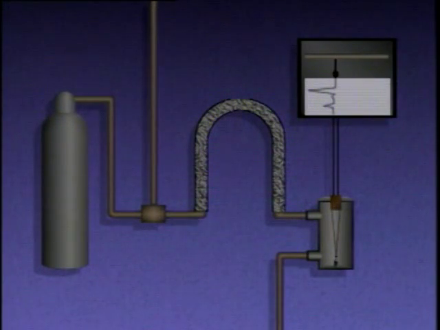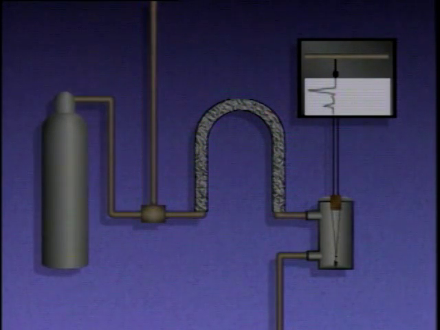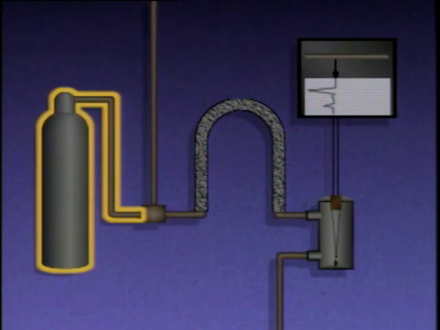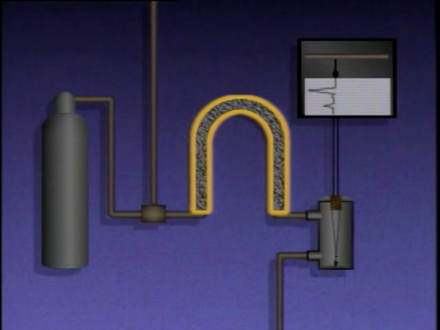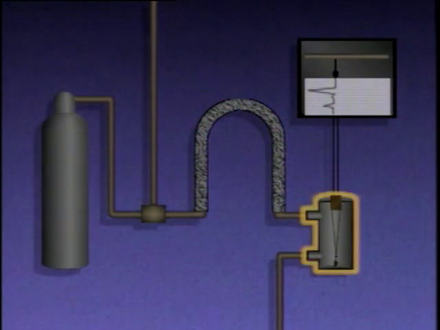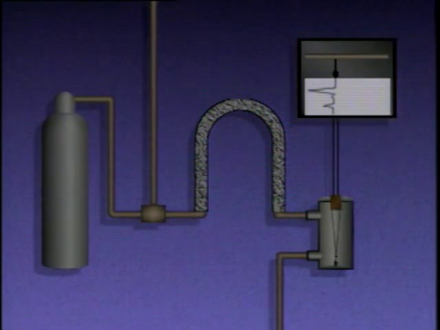The chromatograph in this simplified illustration consists of a sample gas inlet, a supply of carrier gas, often helium or air, that's used to move or carry the sample gas, a tube or column that's filled with packing material such as activated carbon or silica gel, a thermal conductivity cell which measures the concentration of a gas in a mixture based on the gas's ability to conduct heat, and an indicating device, in this case a recorder.